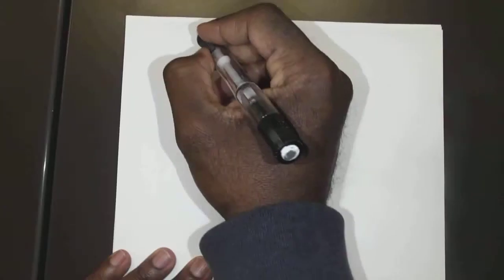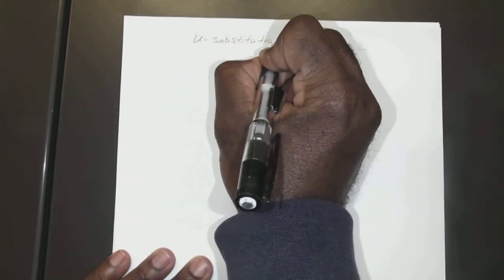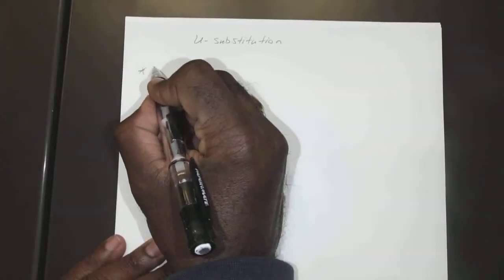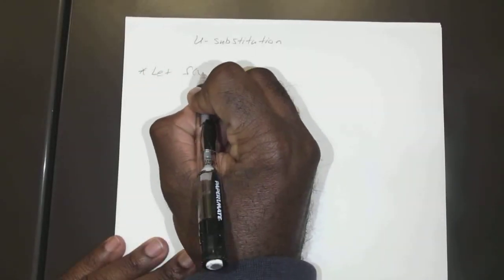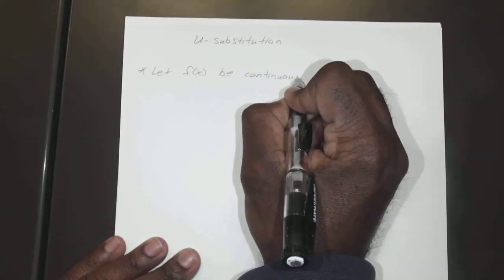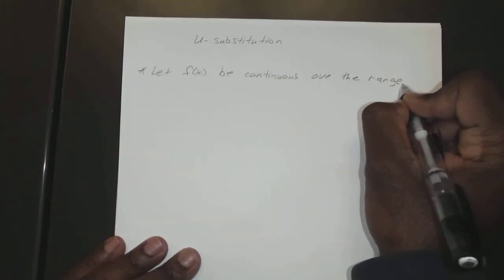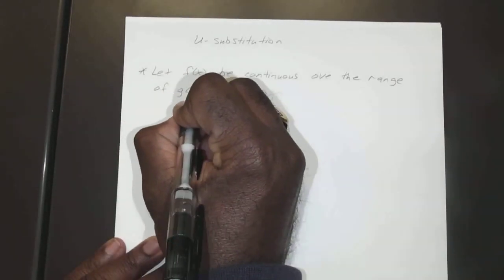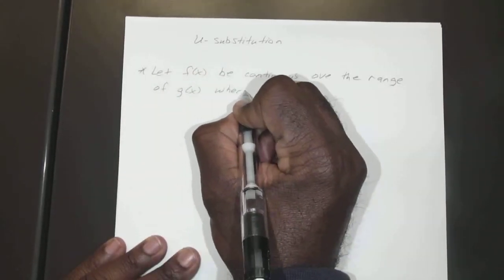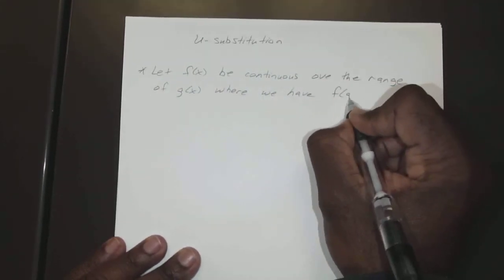All right, so now we're going to go with u-substitution. Okay, so let's say we let f of x be continuous over the range of g of x, where we have an f of g of x.